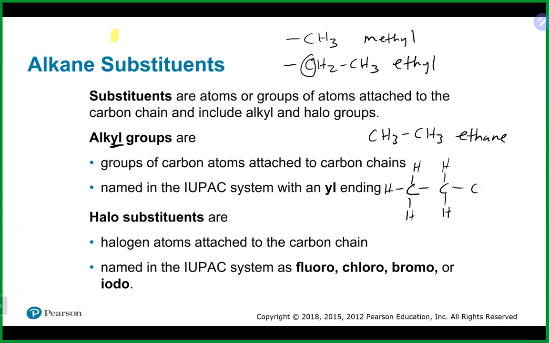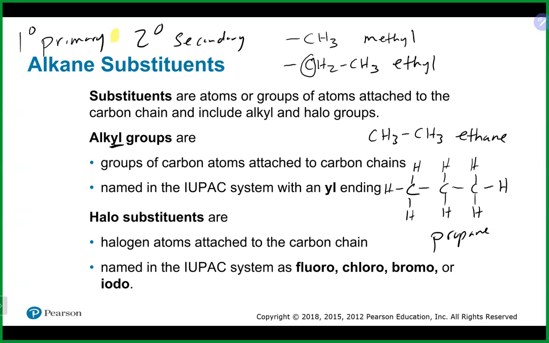This is propane. When we look at carbons, there are different ways that you can classify carbons. You could have a carbon which is known as a primary carbon. You could have a carbon that's known as a secondary carbon, with a little 2 symbol, and you could have a tertiary carbon, which has the 3 with a little dot symbol.